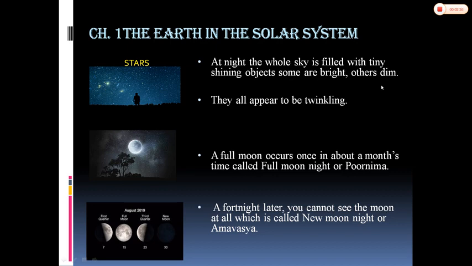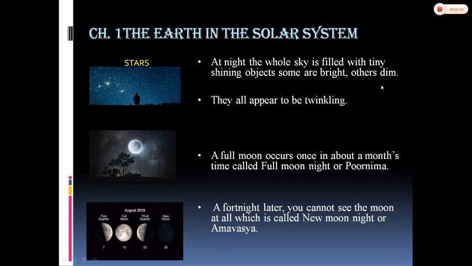Just a fortnight later, you will notice, fortnight means just 15 days later, that there is no moon in the sky. This night is called the new moon night, or in Hindi it is called Amavasya. Amavasya is the night when there is no moon in the sky.